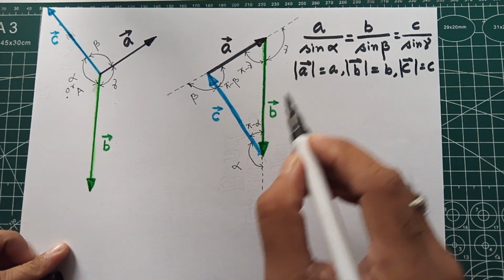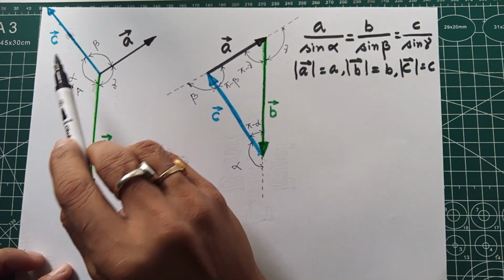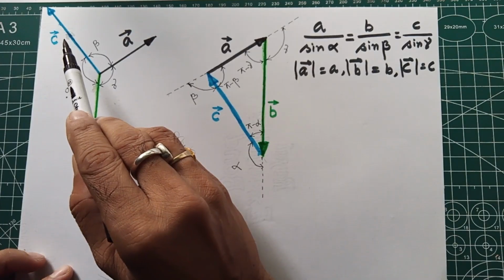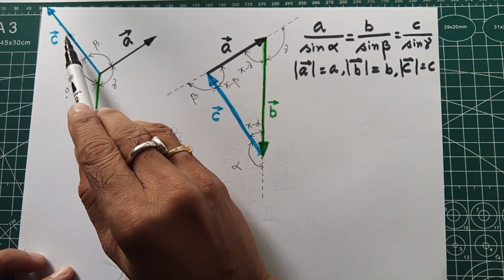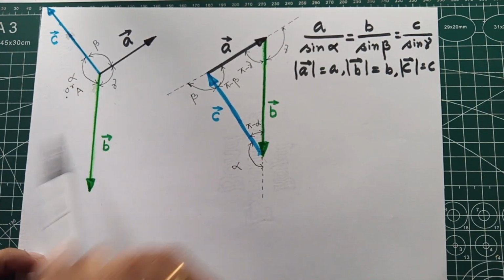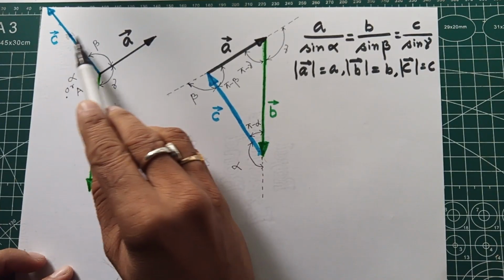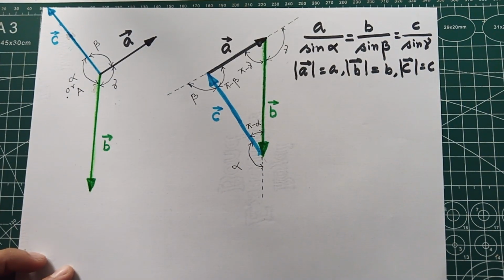Okay. Now here what we have to write is that for a plane, when three forces are in equilibrium, they are concurrent and they will form a closed triangle. So you have to write that.